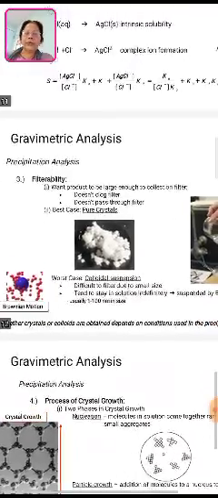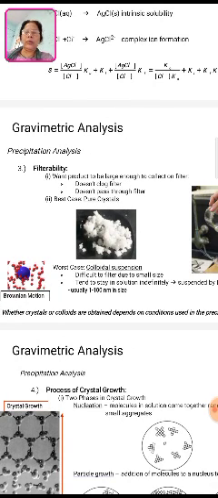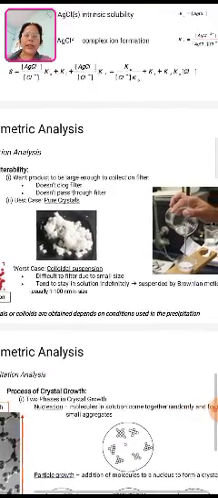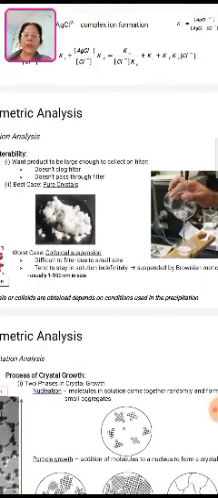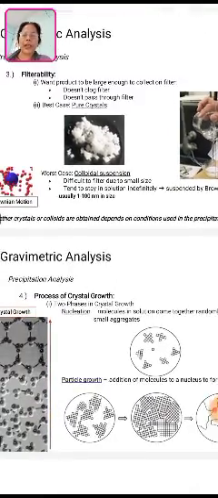Filterability. We want the product to be large enough to collect on the filter. It doesn't clog the filter and doesn't pass through the filter. Best case, pure crystals. Worst case, a colloidal suspension, which is difficult to filter due to its small size, and it tends to stay in solution indefinitely, suspended by Brownian motion, usually 1 to 100 nm in size.